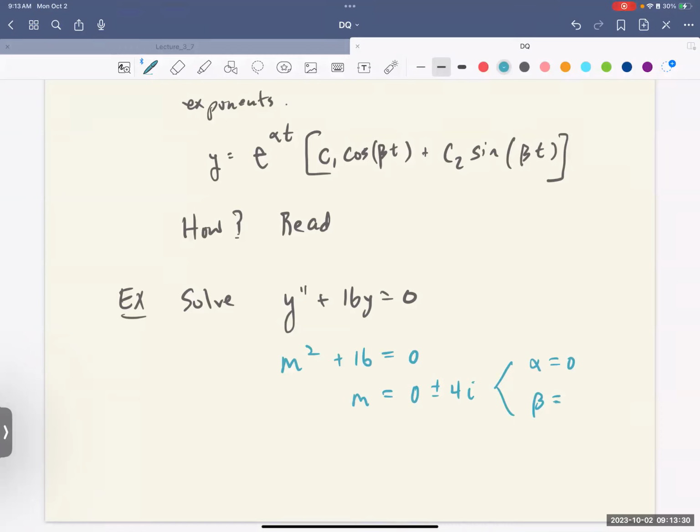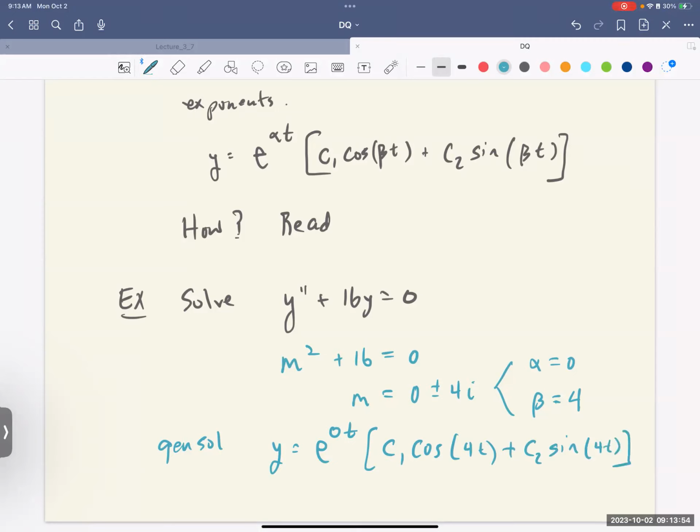Again, read that material on complex solutions. Beta is 4. So your general solution is y equals e to the alpha t, so e to the 0t, times c1 cosine 4t plus c2 sine 4t.